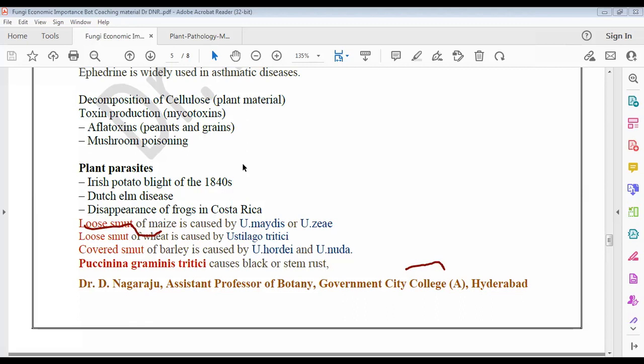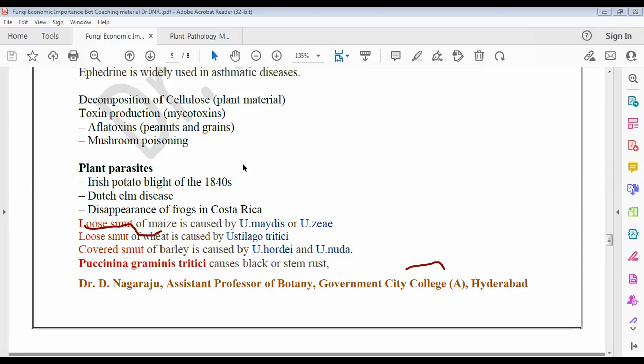And also the Bengal famine in our Bengal, before independence, 1942. Can anyone say what the Bengal famine was caused by? On which crop? By which fungus?